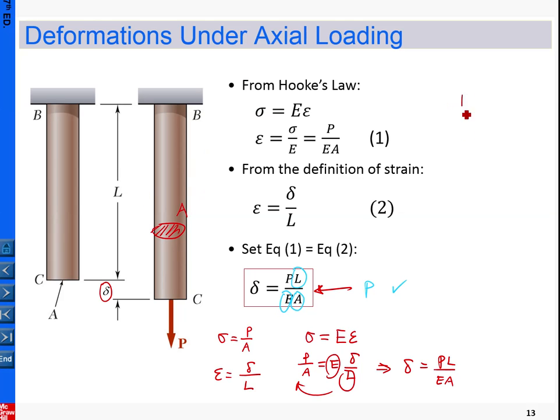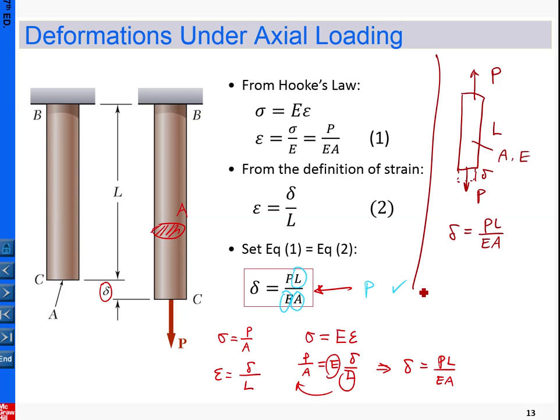This is our model. Our model basically can be explained by this P and length L and area A and Young's modulus E and deformation delta equal to PL over EA. So this is our standard model.